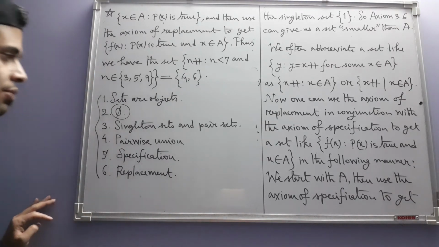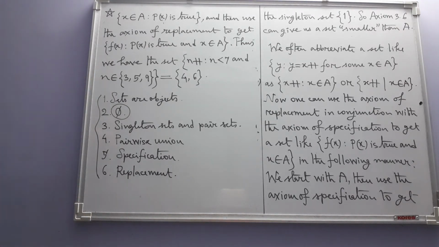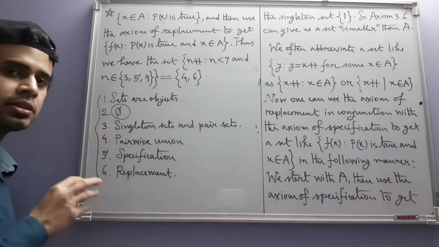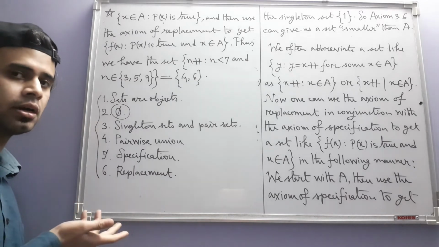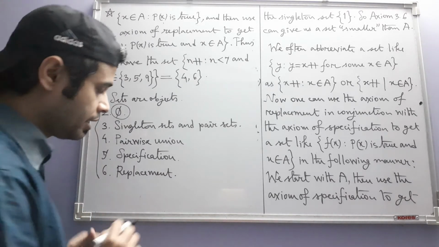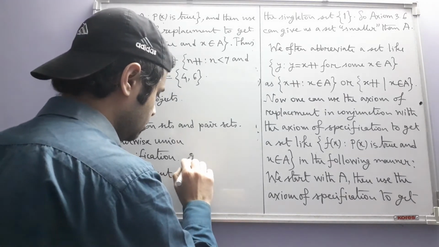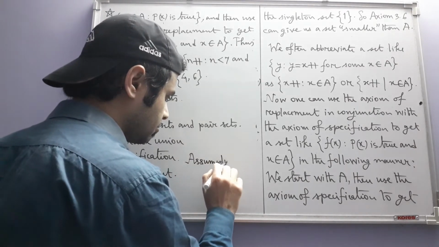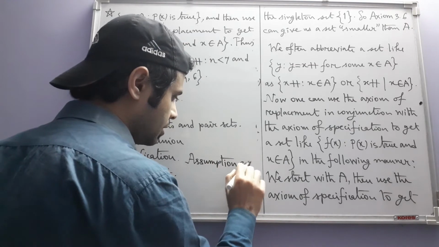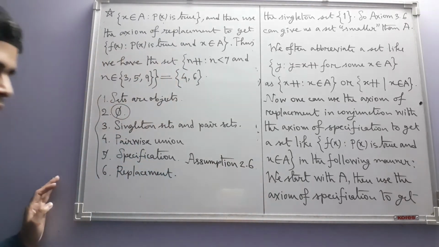Now there is a seventh axiom, which we have actually already seen when we studied the development of the system of natural numbers. There we made an assumption, if you recall, assumption 2.6.